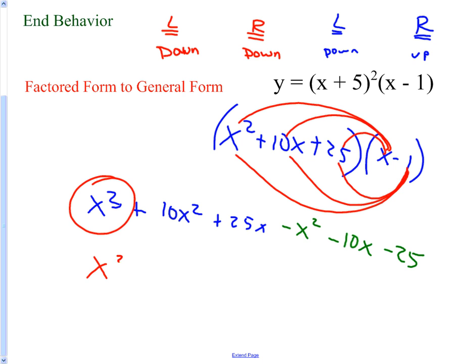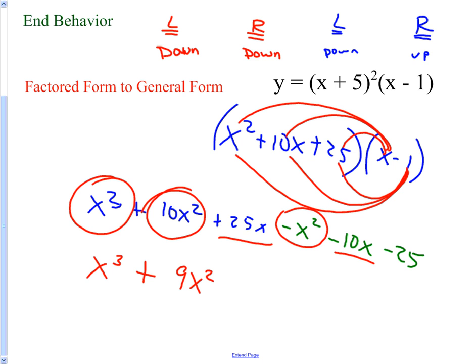X to the third plus, do I have any other x squareds besides the 10x squared? Yeah, I do. Minus an x squared. What does that make total? 9x squared. And then I got a 25x and a negative 10x. What does that make? 15x. And then I have a 25 here, and it's just a loner, kind of like that x to the third. There isn't any other, so I can just put it down.